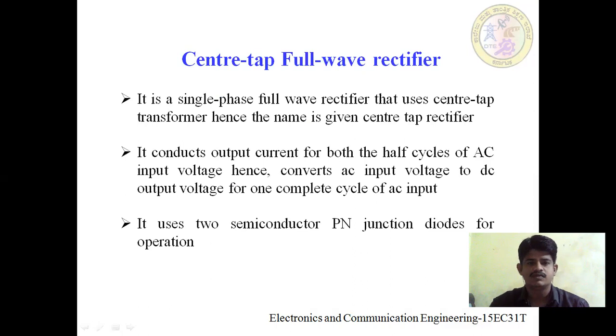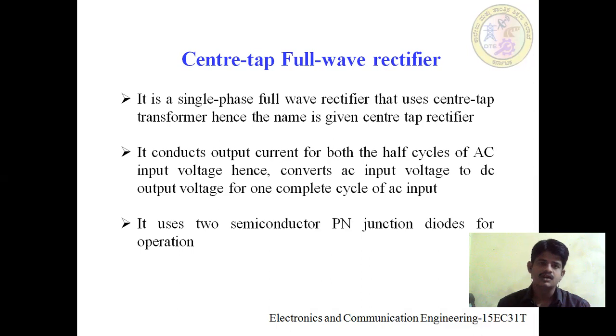First we will deal with the center tap full wave rectifier. It is named as center tapped full wave rectifier because it is using a center tapped transformer for its operation. It is operating for both the half cycles of an AC input signal, and it is utilizing two PN junction diodes.